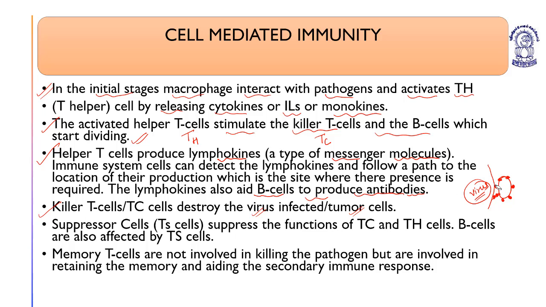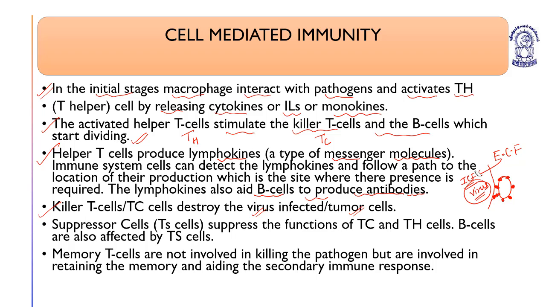The moment that happens, it will secrete perforins. Perforins are channel or hole forming proteins which open channels in the plasma membrane, and that is why a huge amount of fluid from the extracellular space enters the intracellular space, thereby increasing the size of the cell, and it will burst out.